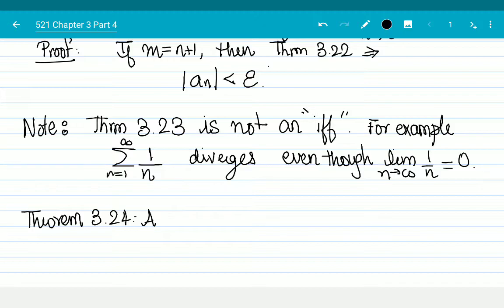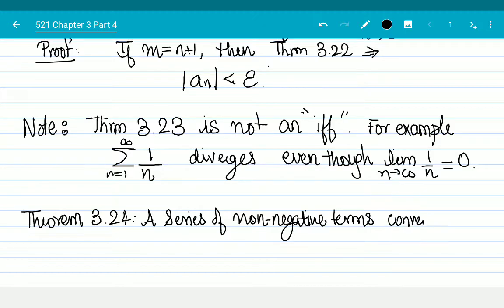A series of non-negative terms converges if and only if its partial sums form a bounded sequence.